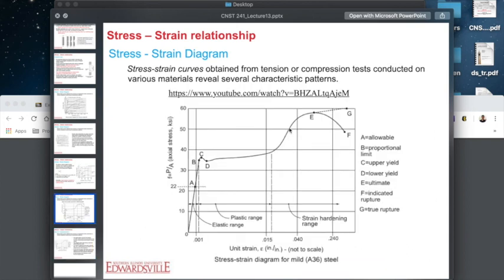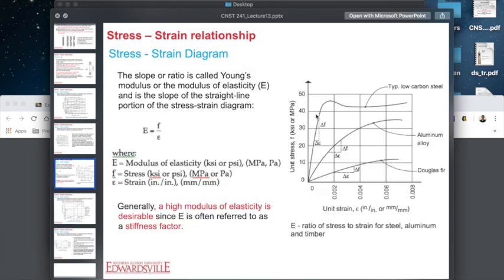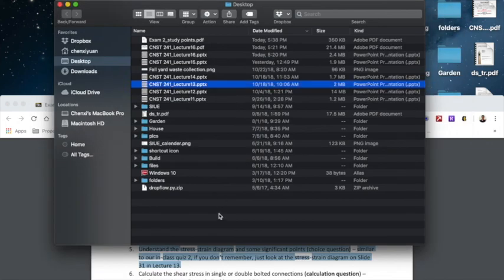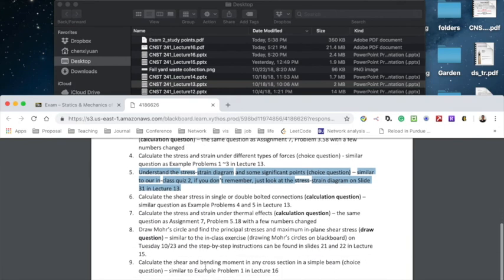Okay, this one. You need to know, if I ask you which point is the allowable stress, then you need to look at this point. If I ask you which is the ultimate stress, that's this one. Also this diagram is similar.